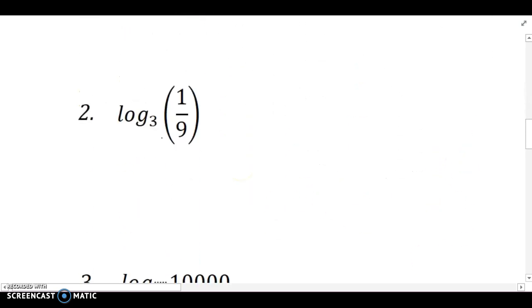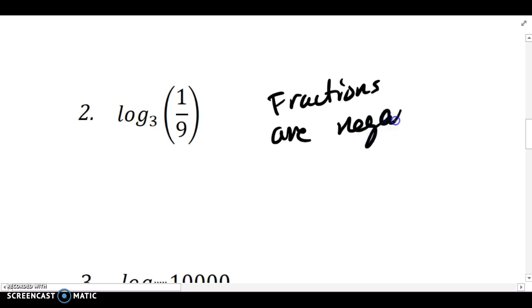Okay? So here is a 3, and we want 1/9. Now don't get worried about fractions, because remember, fractions are negative powers. So don't worry about the fraction. We have a 3 and a 9.